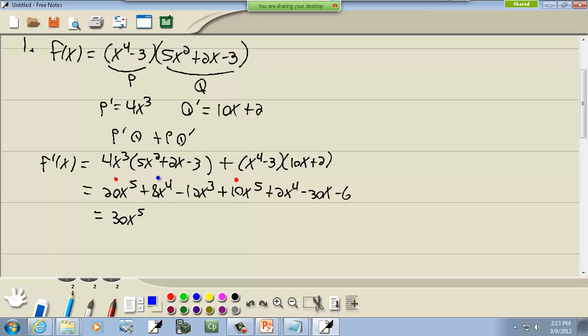We have 8x to the fourth plus 2x to the fourth, which gives us 10x to the fourth. And I guess we have a negative 12x to the third. That's the only one I can see anyway. And then negative 30x and negative 6. And that would be our answer.